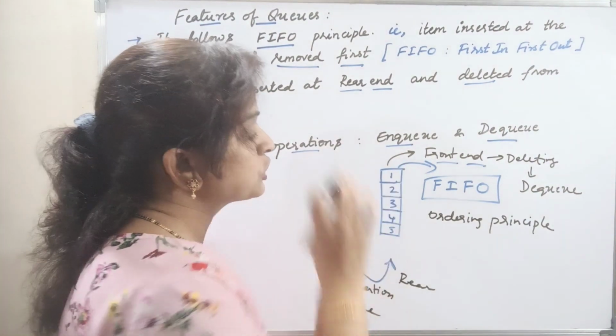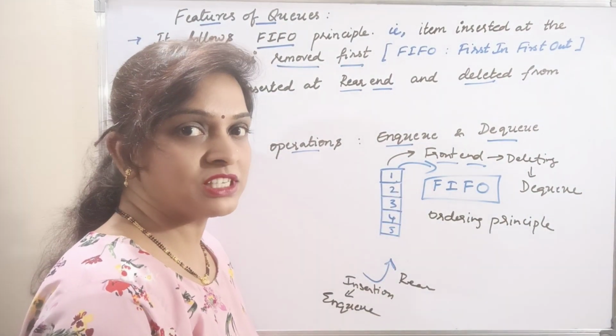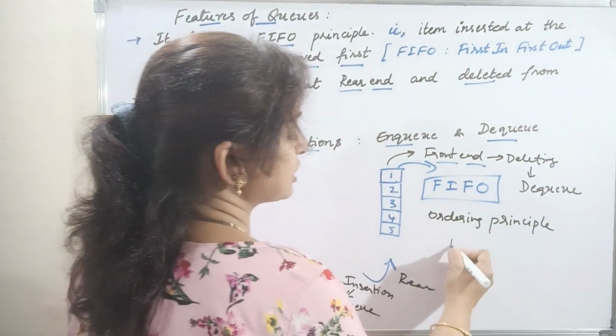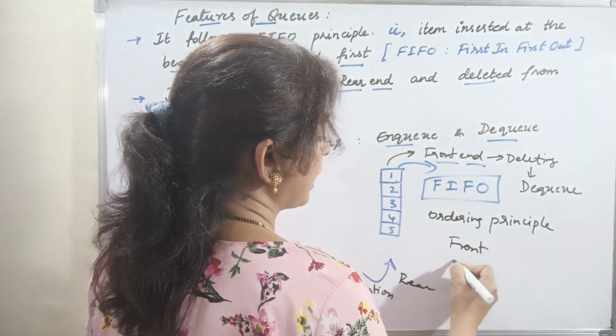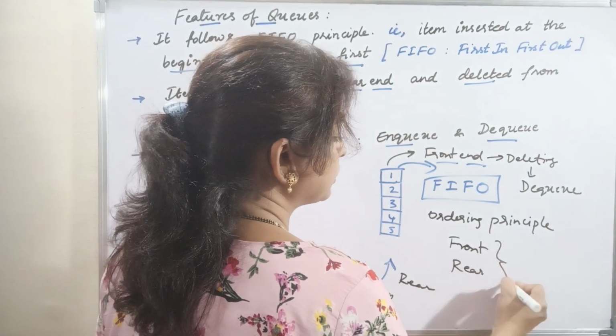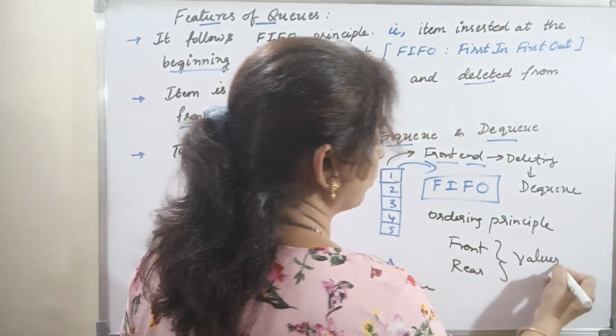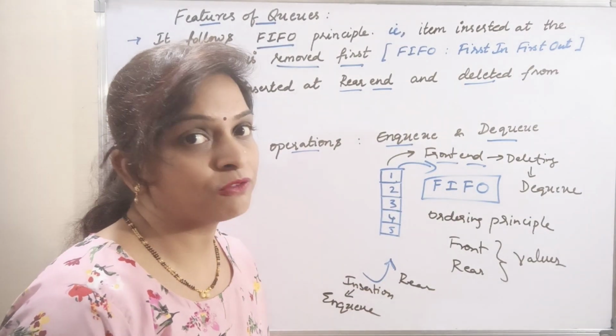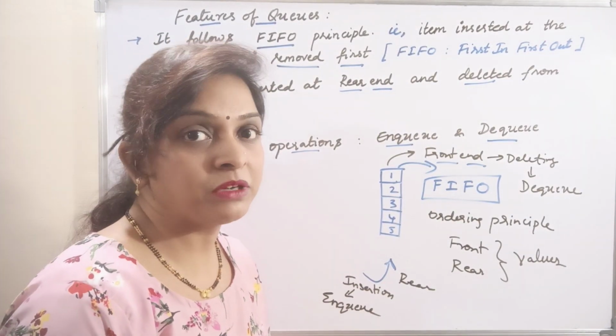So how these elements are arranged, how we can do the insertion operation and deletion operation with respect to the front pointer and rear pointer. What are the values that we need to follow here? What will be the value if the queue is full? What will be the value if the queue is empty?